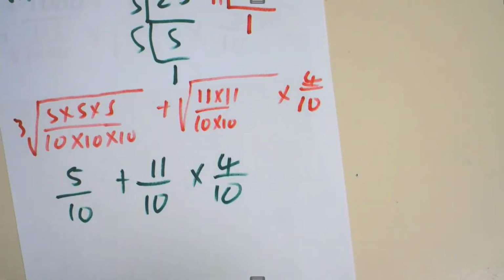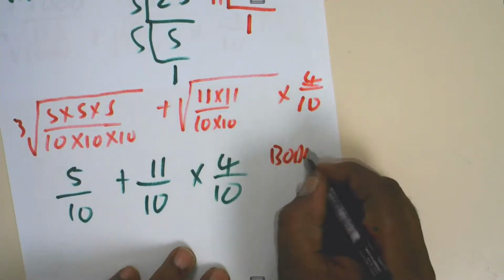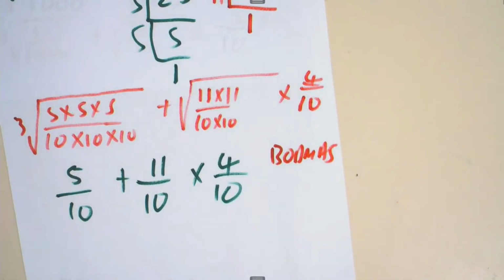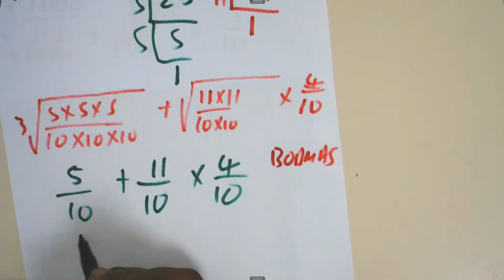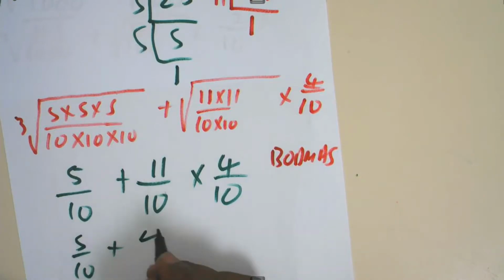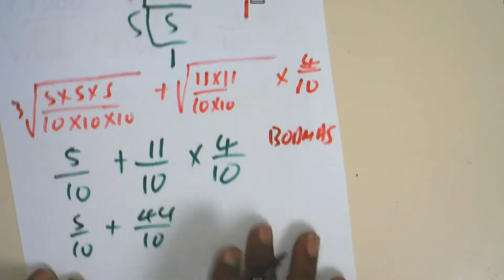BODMAS. Multiplication comes first. Therefore, we deal with multiplication first. 11 by 4 is 44 over 10.